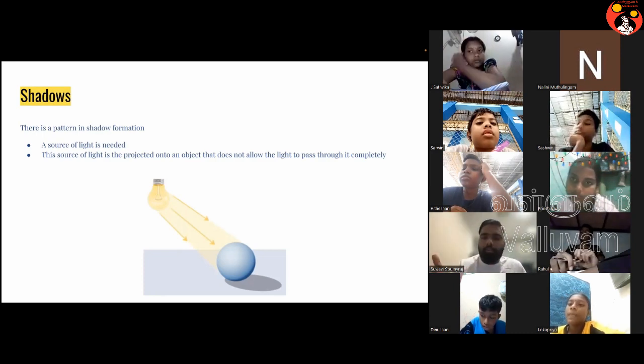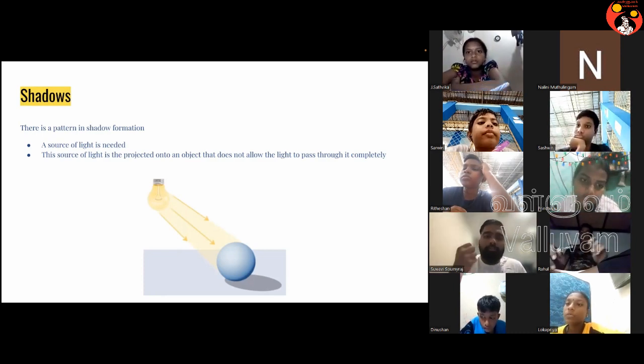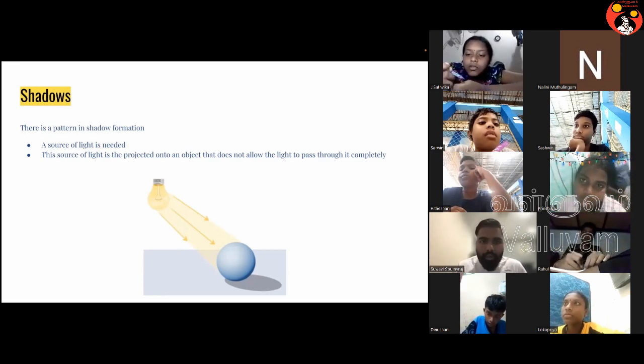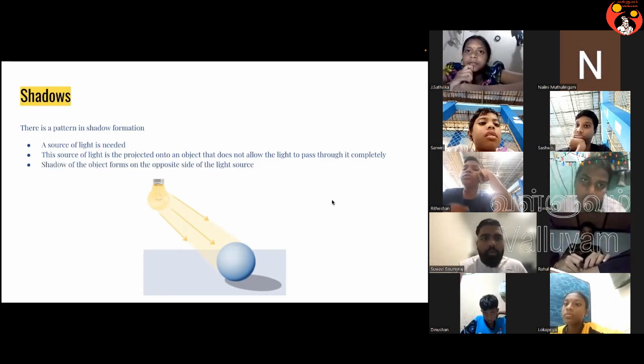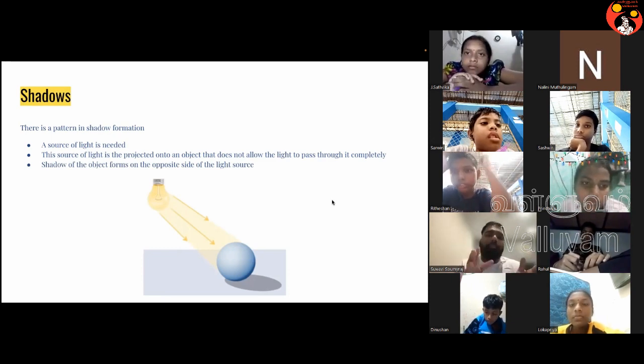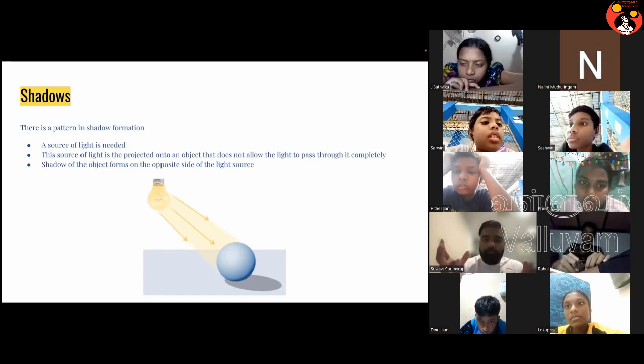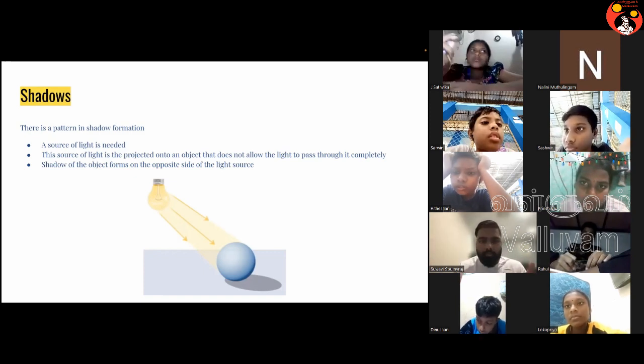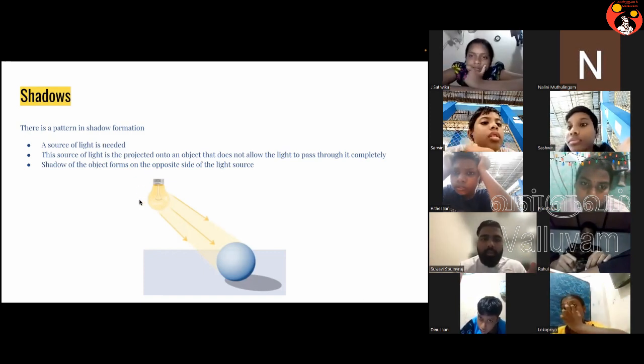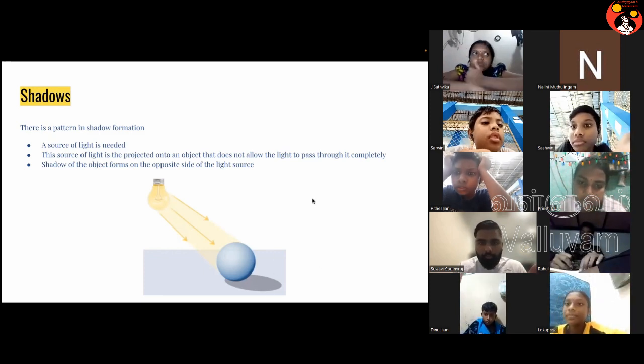For a shadow to be created, the object itself needs to limit or cut the light that's getting passed through. Now, when that happens is where a shadow forms on the opposite side of the light source. So as you can see, if the light is coming from the left, on the right-hand side is where the shadow will form.